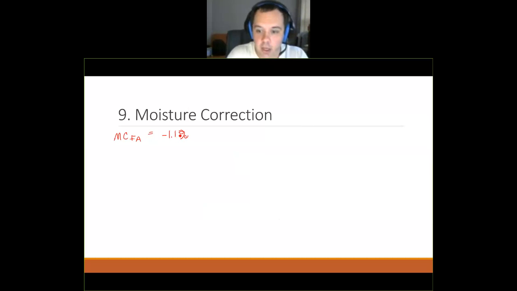So it is under SSD. And for the coarse aggregate, it is minus 0.5%. Also under SSD conditions.